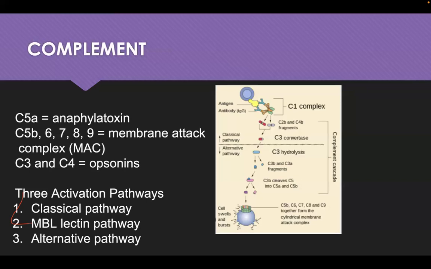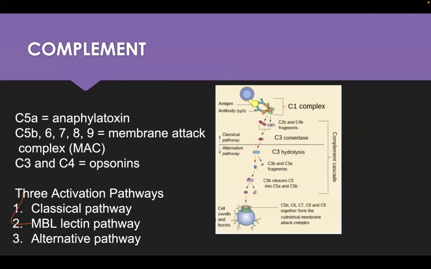What happens is C3 is cleaved into C3A and C3B, and C3B then combines with C3 convertase to form C5 convertase, and it can make these key things, which are C5A and C5B. So C5A is an anaphylatoxin, and that recruits and activates immune cells more so that we can increase our response to the pathogen.